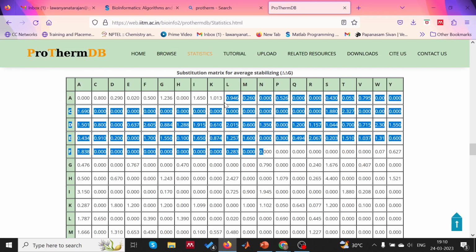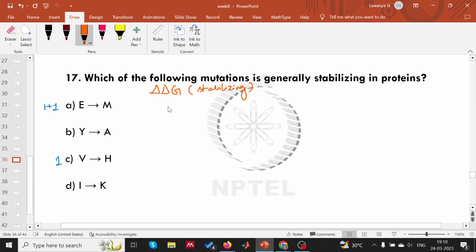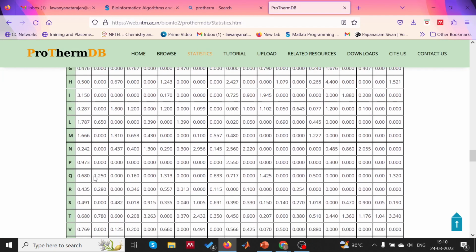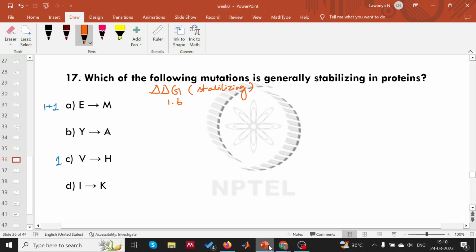Right. So first is E to M, right? M and come down to E, 1.6. Second is Y to A, that is 0, which means Y to A will never give you a stabilizing positive delta delta G.